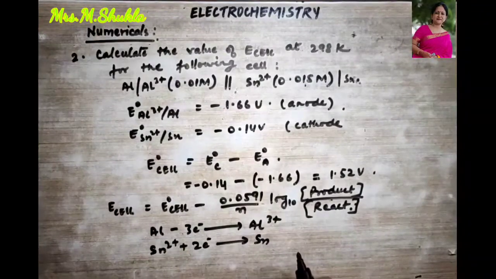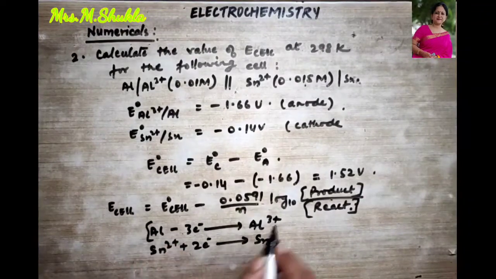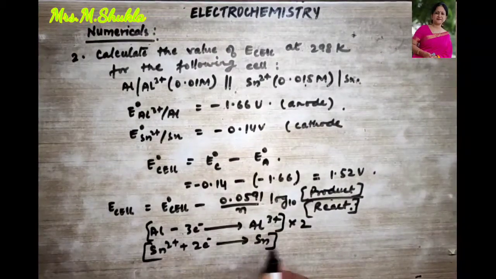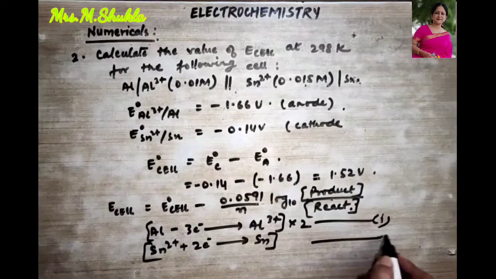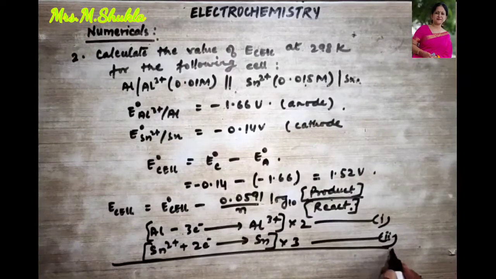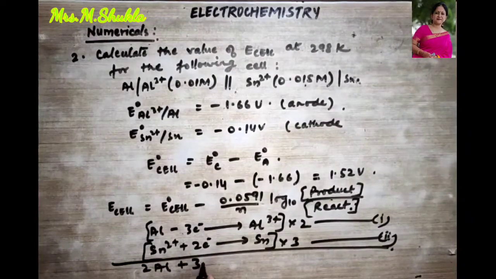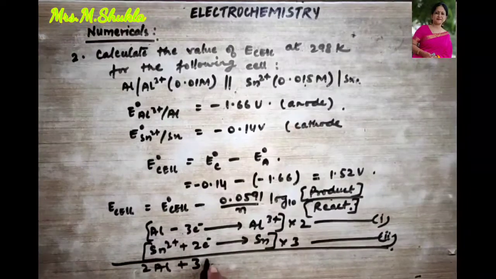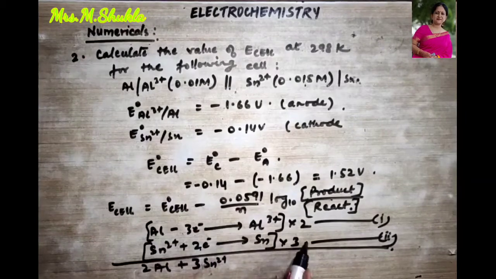So the first equation can be multiplied with 2 and the second equation with 3. We get 2 aluminium plus 3 tin ions. 3 2s are 6, 3 2s are 6, so the electrons will get cancelled.